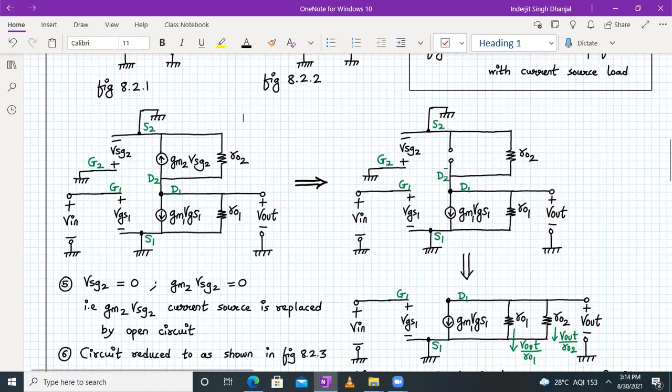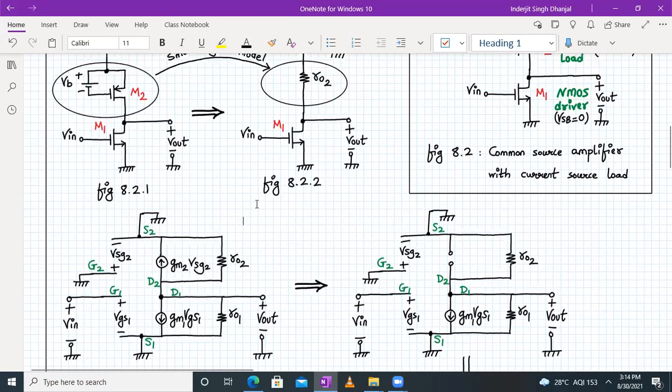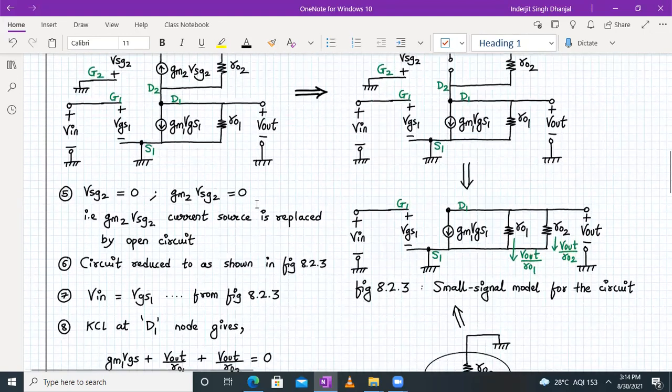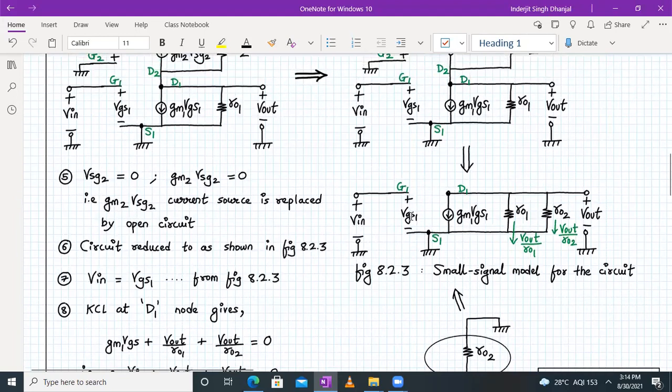And from here we determine that RO1 and RO2 are connected in parallel, right? We already know the formula that AV will be minus GM into RO1 parallel to RO2, but still we will formally derive it. So our final small signal model of the circuit looks something like this.